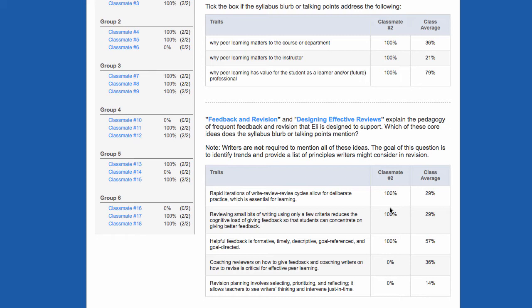So as a writer, you need to decide whether that reviewer just missed it or if that element was too subtle. Similarly, the class averages tell you of all the drafts read by all the reviewers, how many reviewers noticed each element. The class average tells you what's popular or dominant in the whole set of drafts, so you can decide how much you want to be like everyone else.